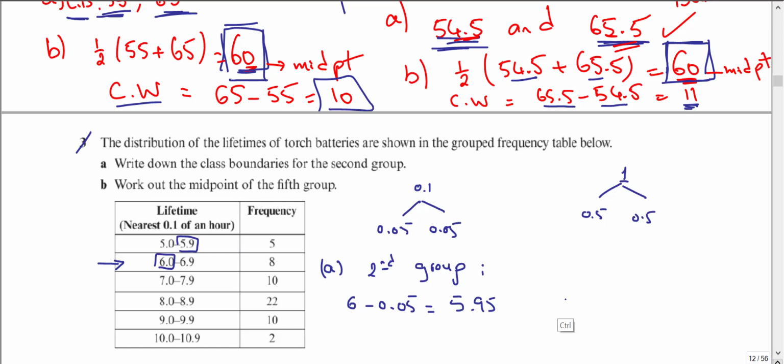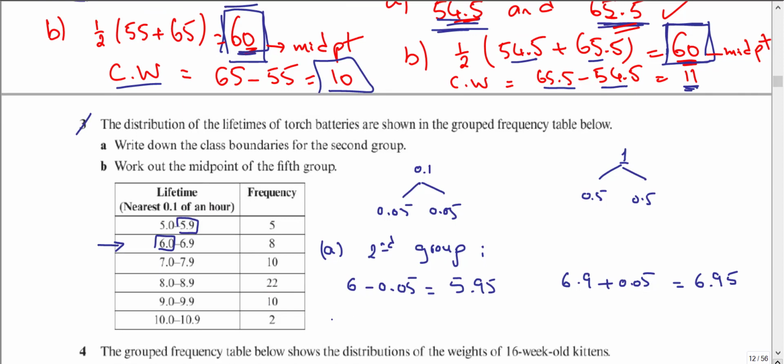You have 6.9, add 0.05. So what do you get? 6.95. So these are the class boundaries. The class boundaries are what? 5.95 and 6.95. Okay?